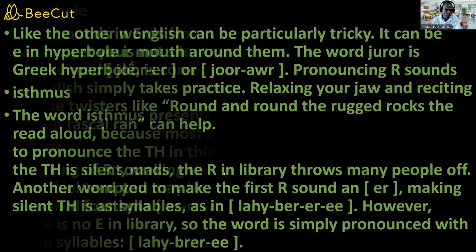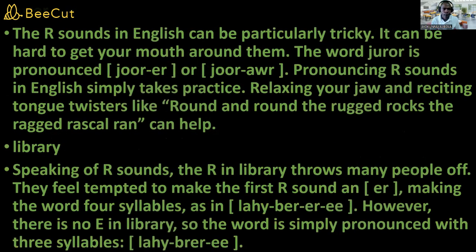So then the next word we're looking at is dural. The R sound in English can be particularly tricky. It can be hard to get your mouth around it. The word dural is pronounced jura.